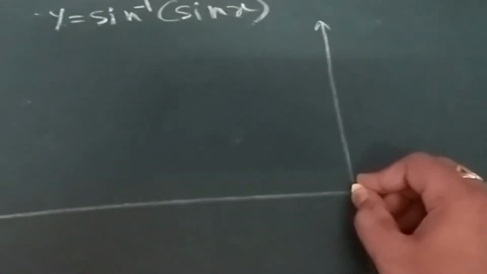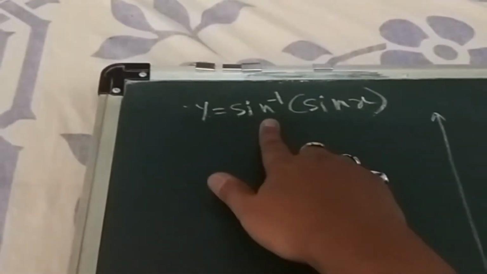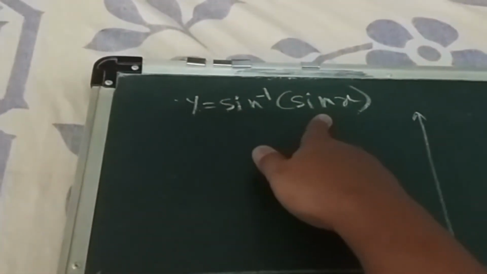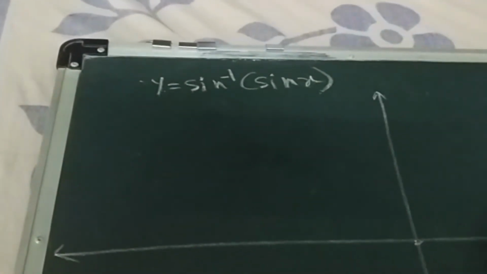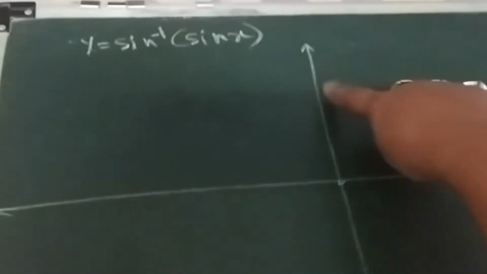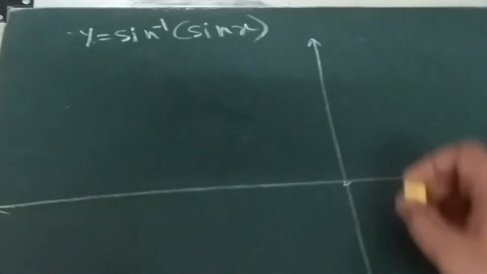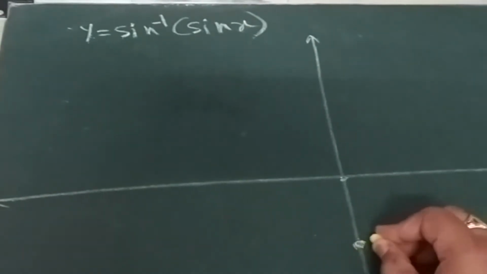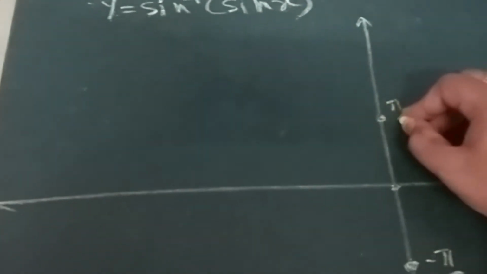but here you have to do some adjustment, because look here, it is the inverse of trigonometric function. So for sine inverse, the range is minus pi by 2 to plus pi by 2. For sine inverse, all of you know the range is minus pi by 2 to plus pi by 2. So first you mark minus pi by 2 and here plus pi by 2.